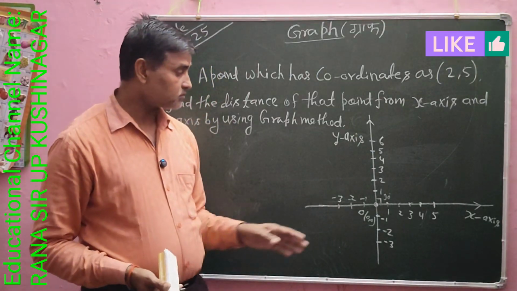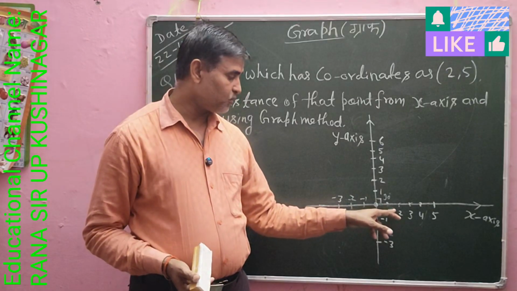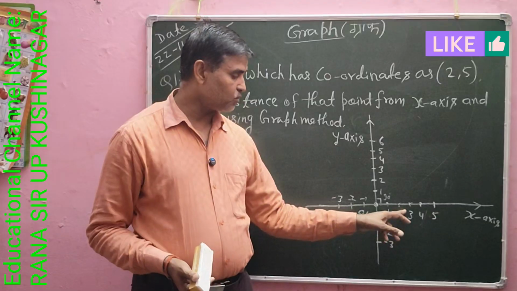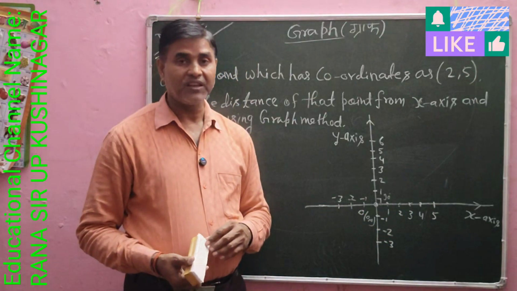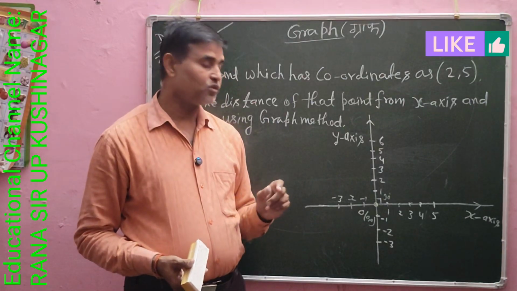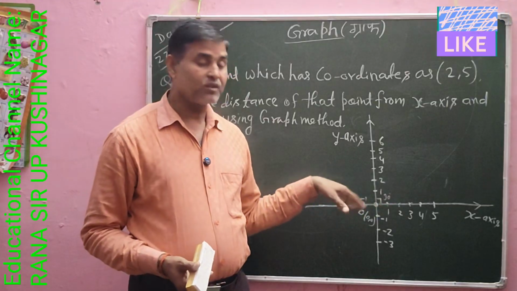Now here the distance between 0 to 1 is the same as 1 to 2 or 2 to 3. It means that if I take any consecutive integers, the distance between each and every consecutive number will be the same. Okay, so I will say this is also the number line.